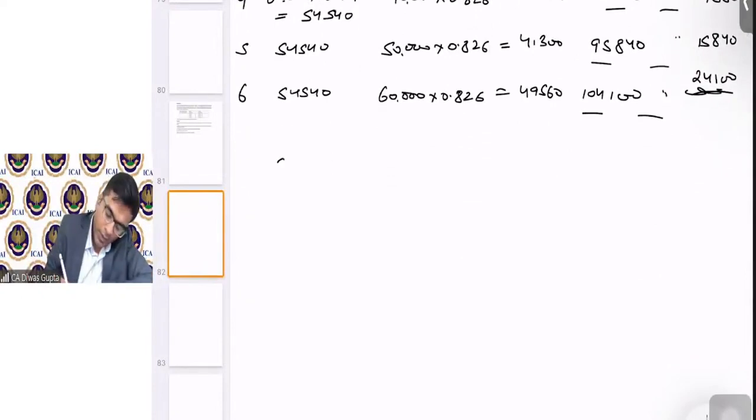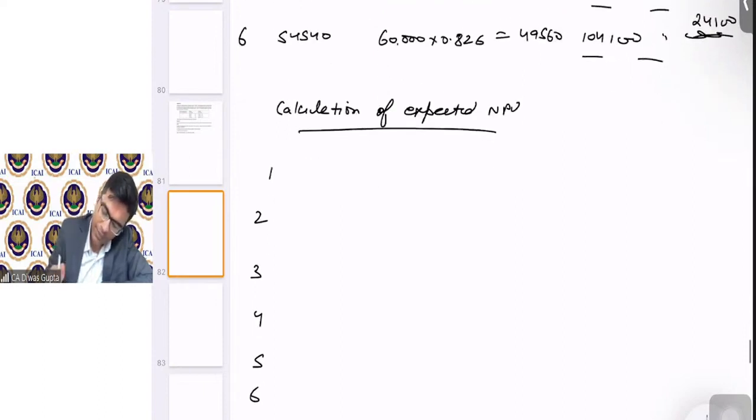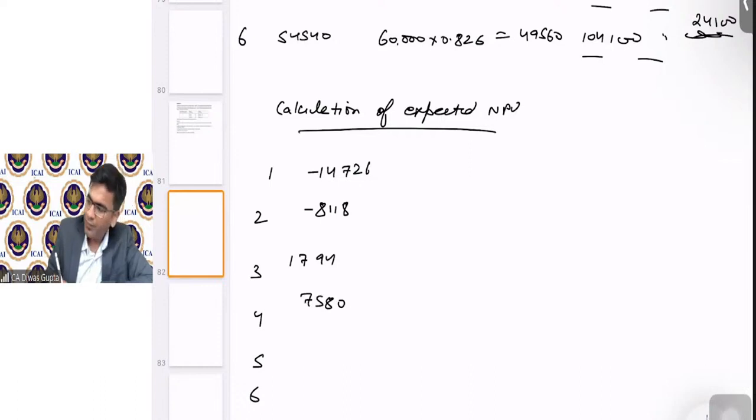Now, calculation of expected NPV. Again, we will put different paths. Write down the NPVs: 14,726, 8,118, 1,794, 7,580, 15,840, and lastly 24,100.